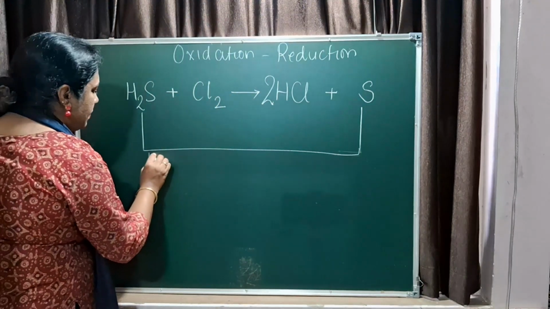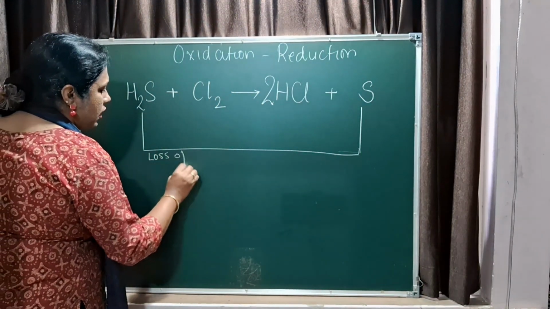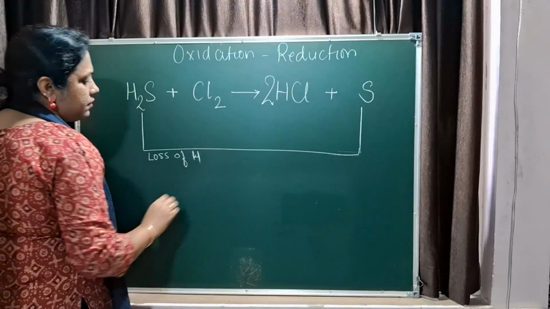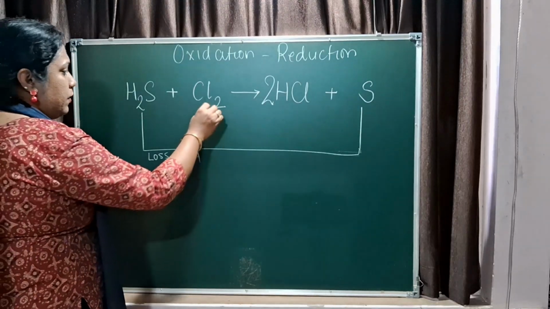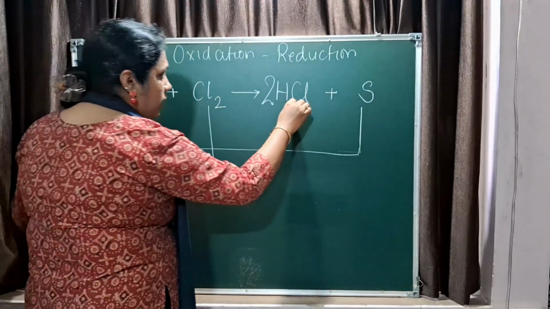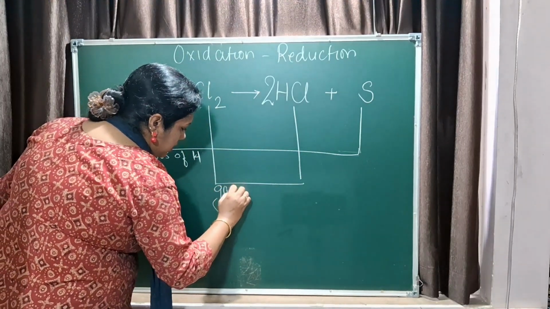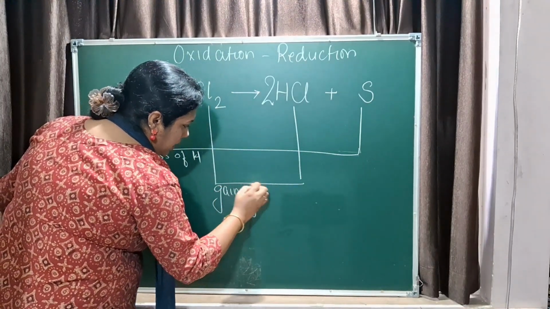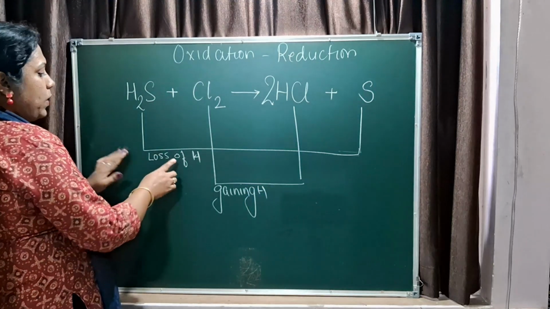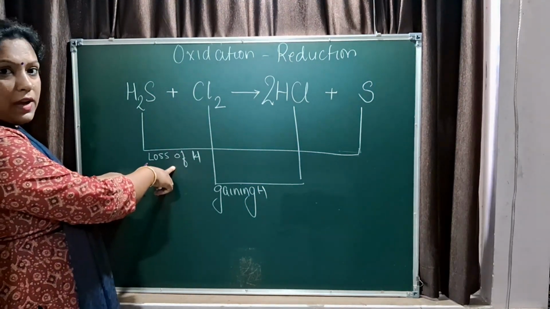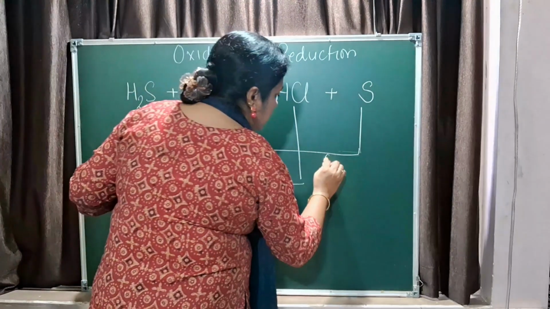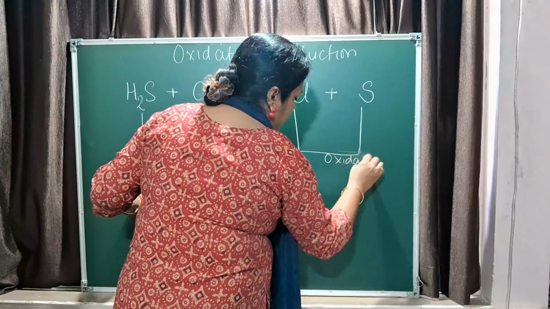So here what is happening? Loss of hydrogen. Right? Similarly, when you see chlorine, chlorine is gaining hydrogen. So when there is loss of hydrogen, it is oxidation.